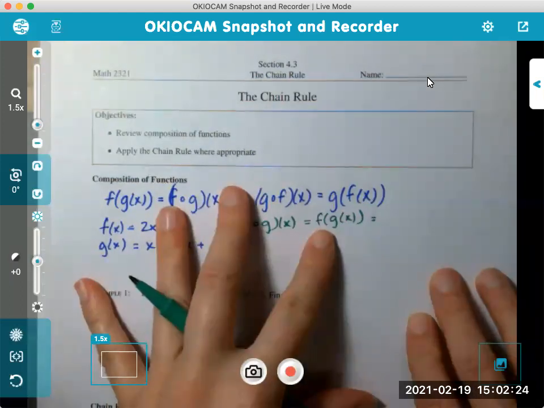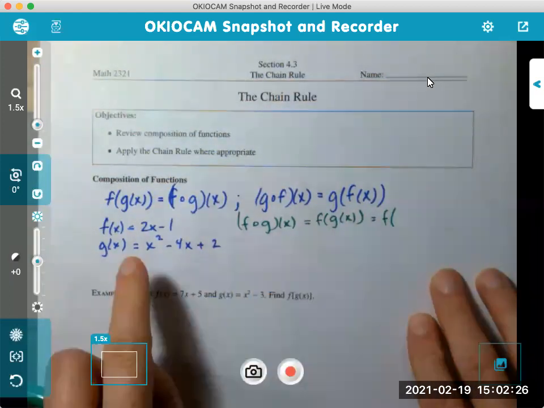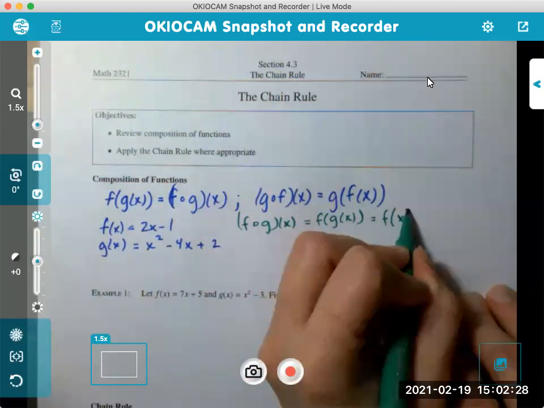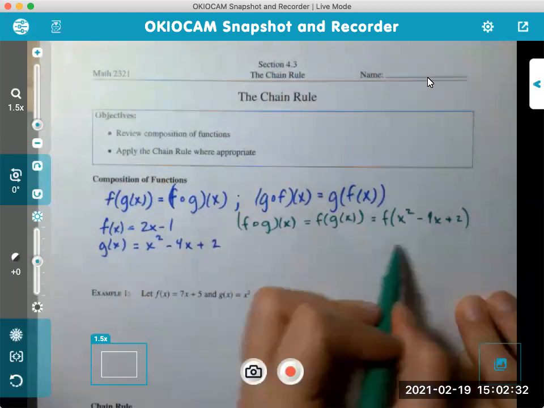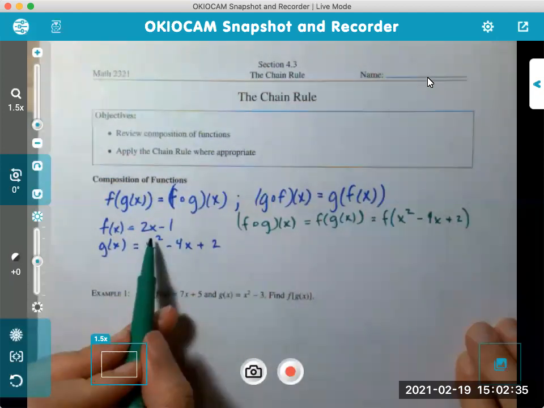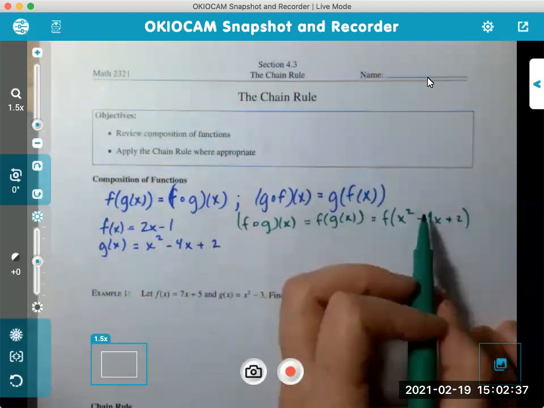So back to the example. So this is now f of g. So x squared minus 4x plus 2, which now means for f, wherever there was an x, we're now inputting this whole term.